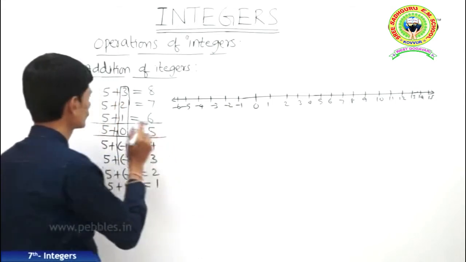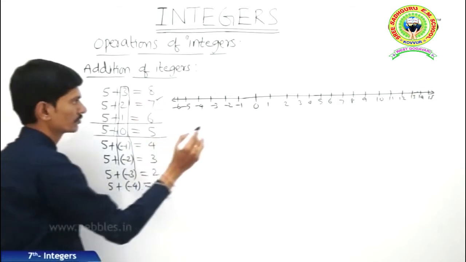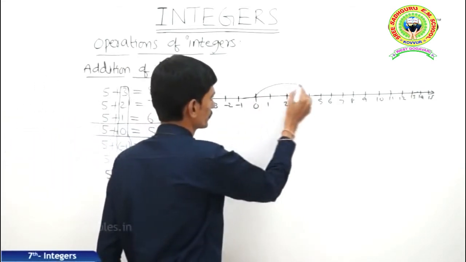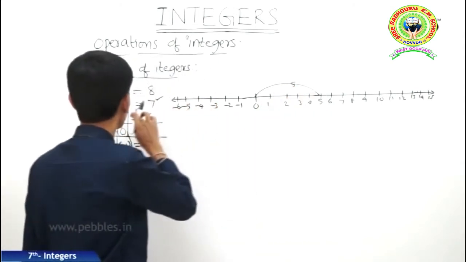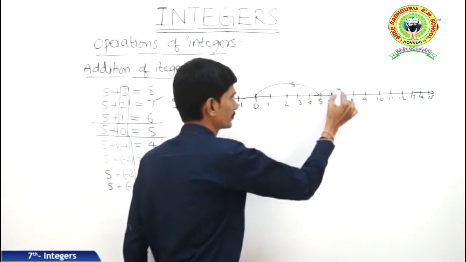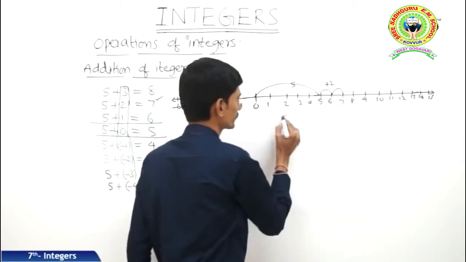Now let us check 5 plus 2 equals 7. We take 0 to 5, then from 5 adding 2, 1, 2, so 5 plus 2 equals 7.